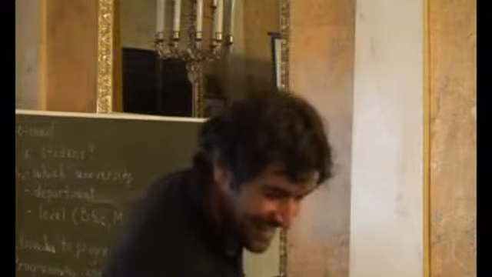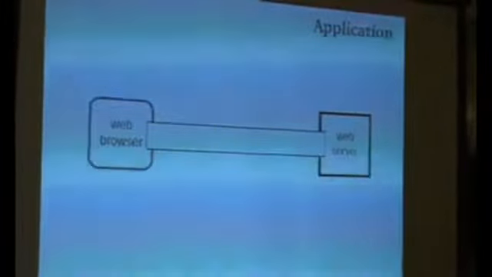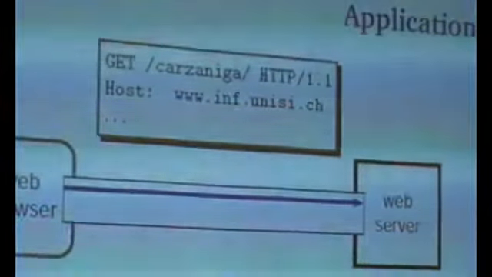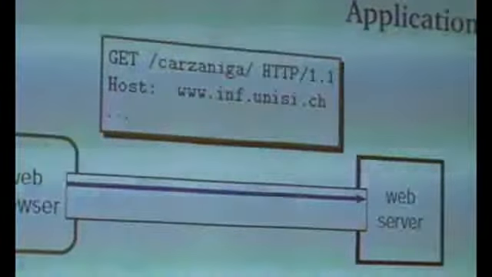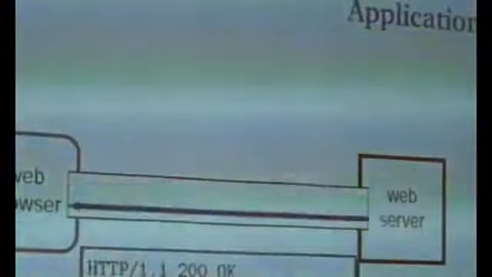You know these things. Okay, so there's this thing called a web browser, and it talks to another thing called a web server, and they exchange these weird things. The thing says GET Carzaniga, and then if you do that, and if you're connected to the Unisi website, then you get my webpage.